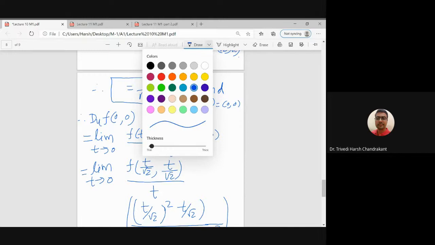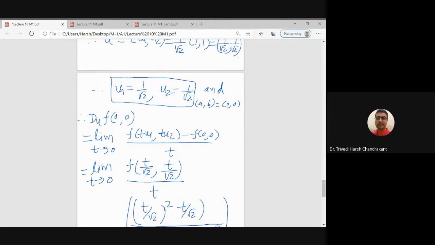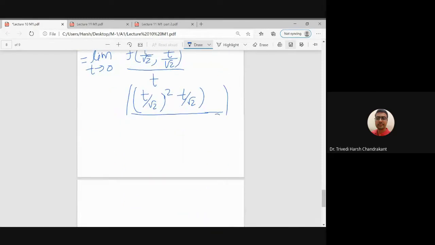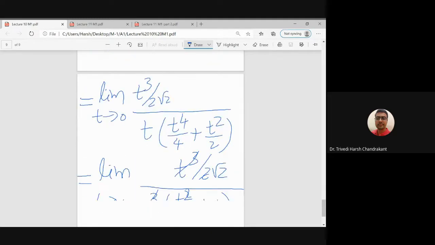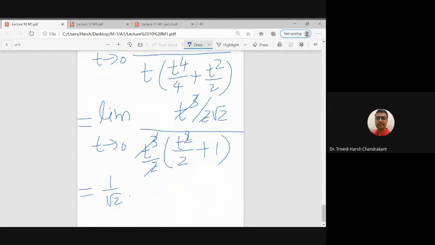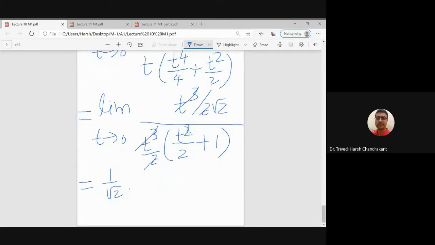There is a typo here, this is u1. We found that the directional derivative in the direction of u is 1 by root 2.